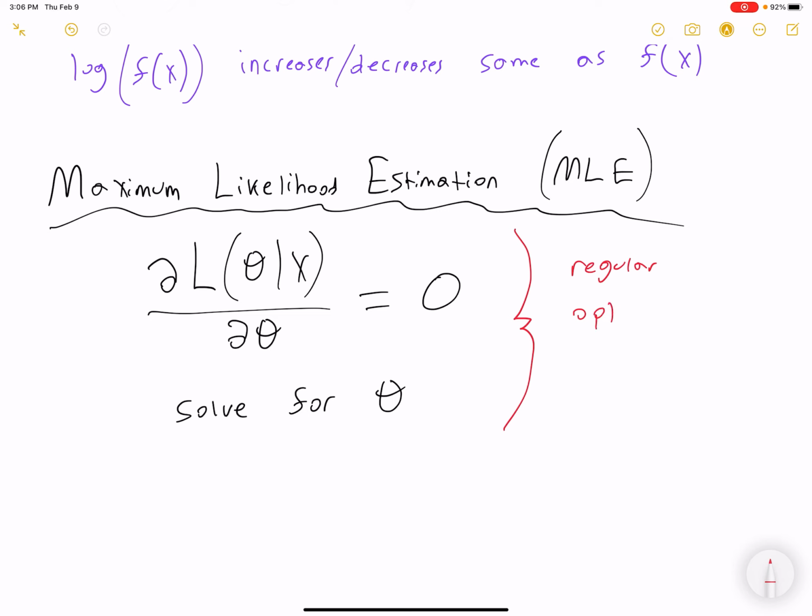I'm just recapping to set the stage for the rest of class.